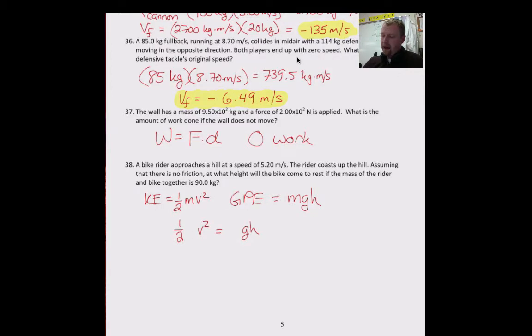Now, you really have v squared over 2 equals gh. And in order to isolate that h variable, because that is what we're trying to find, we're going to go ahead and divide both sides by g. So you basically end up with a very simple equation, v squared over 2g equals h.